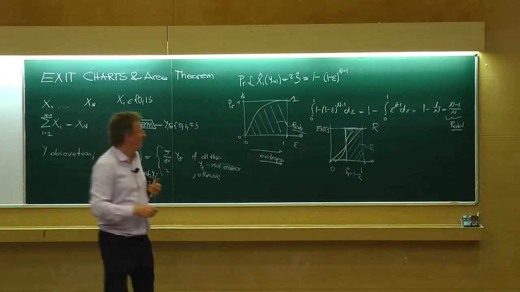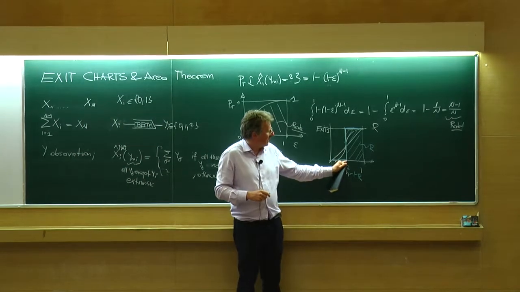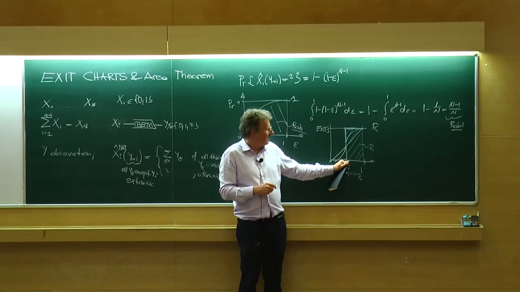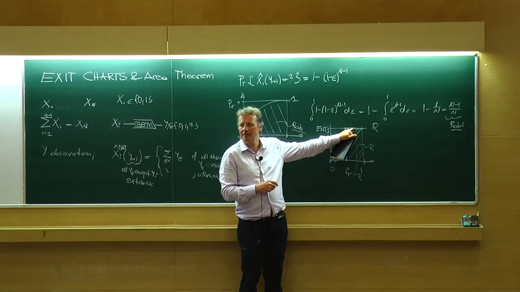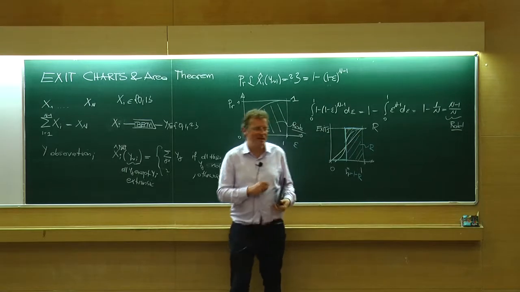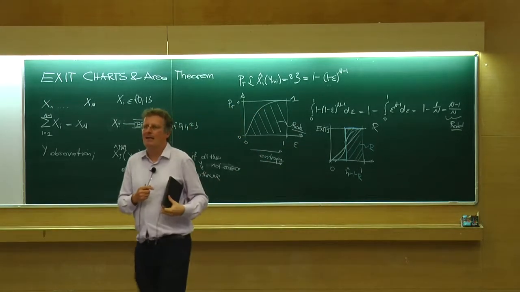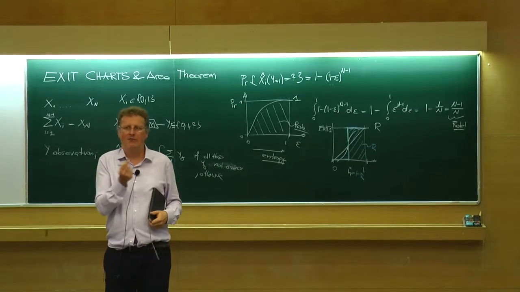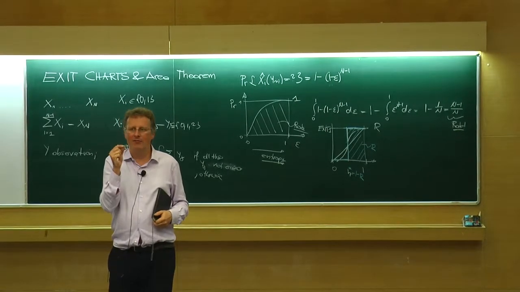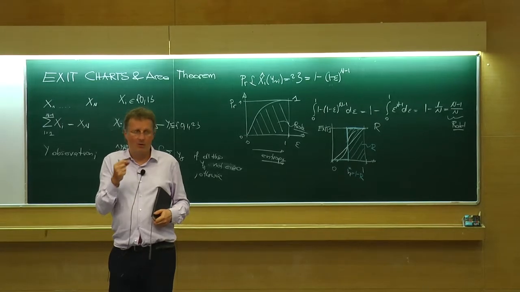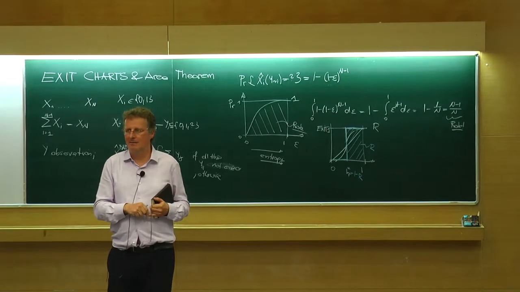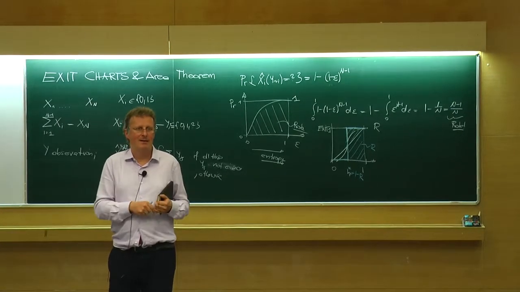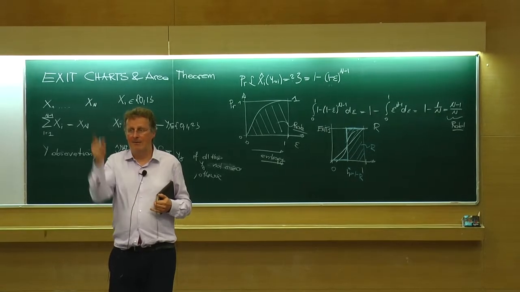Let's say I have a certain rate, and this is the Shannon limit here. If I'm looking here, this code had better give me 0. The nice thing is that we can turn this around. If I can show that for any point above the capacity limit the code gives me nothing, then I can conclude that the code achieves capacity, because the area has to be equal to the rate.